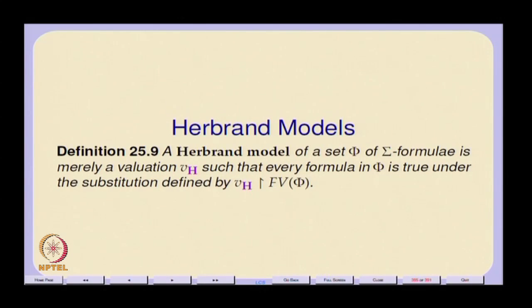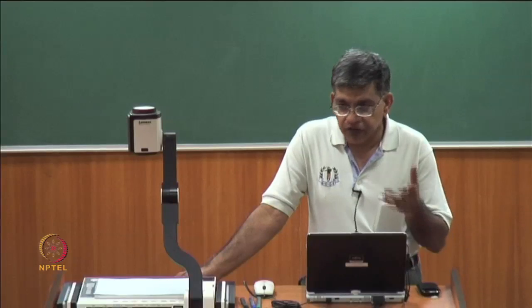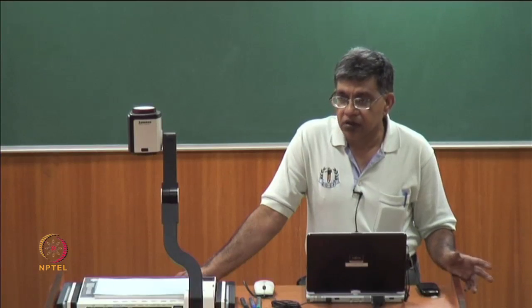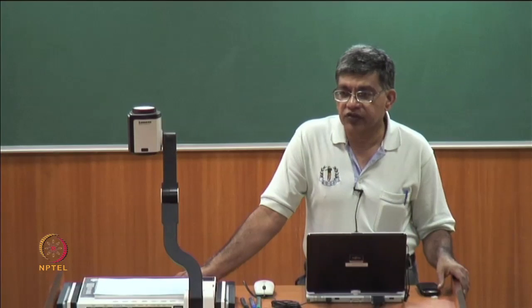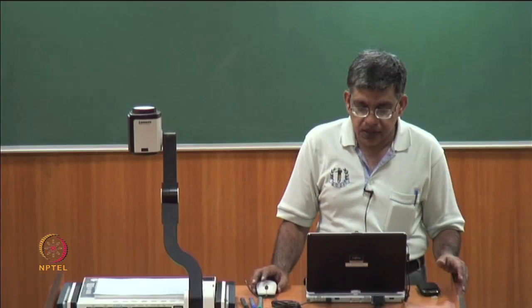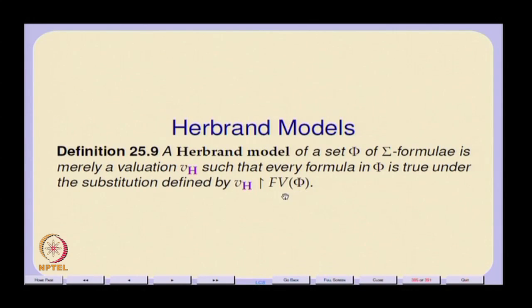If phi is a finite set of formulae, then it will anyway only have a finite set of free variables, and then you only need to consider the valuation restricted to that finite set of free variables.